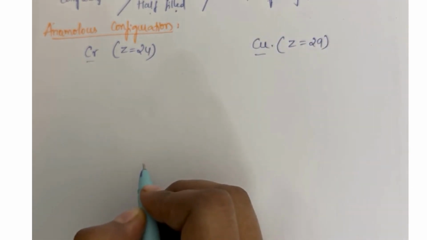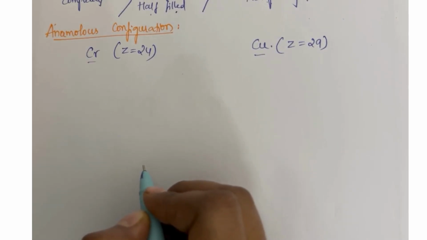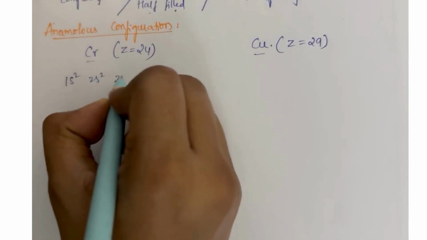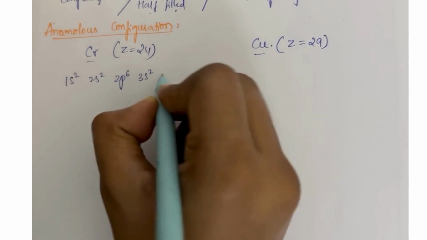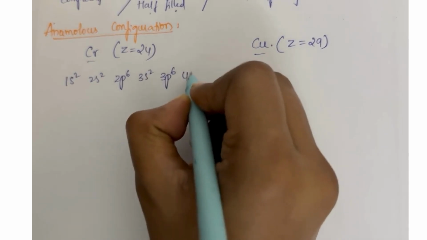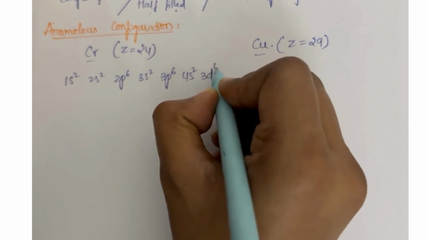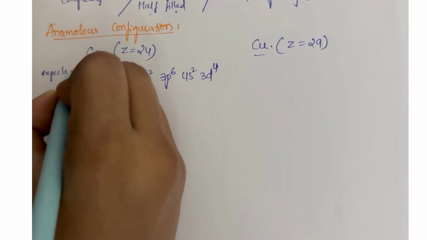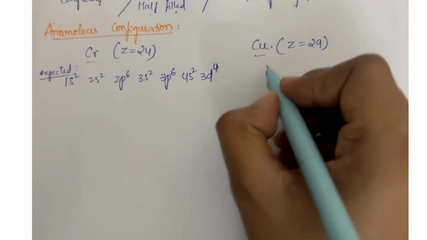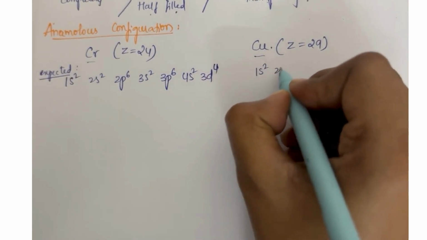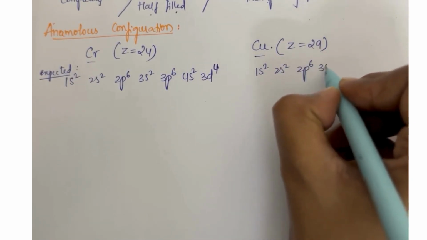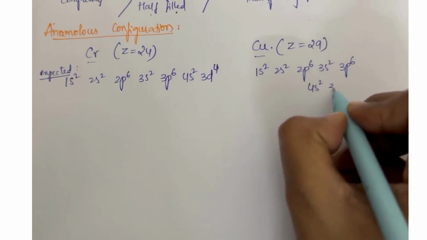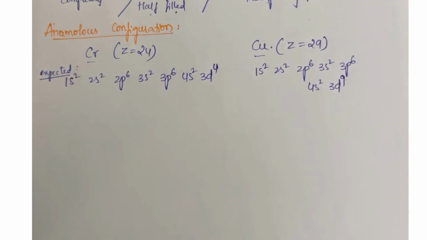According to the Aufbau, Hund's and Pauli's principles, we would write the configuration as 1s2, 2s2, 2p6, 3s2, 3p6, 4s2, 3d4. This is expected. Similarly, for copper the expected configuration is 1s2, 2s2, 2p6, 3s2, 3p6, 4s2, 3d9.